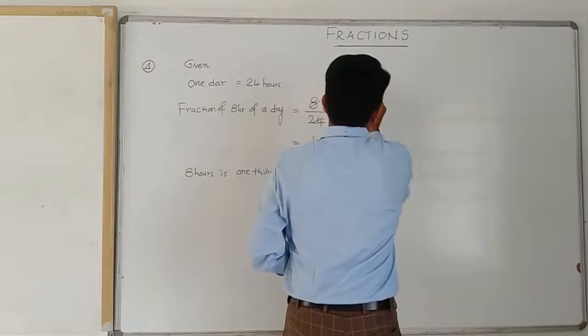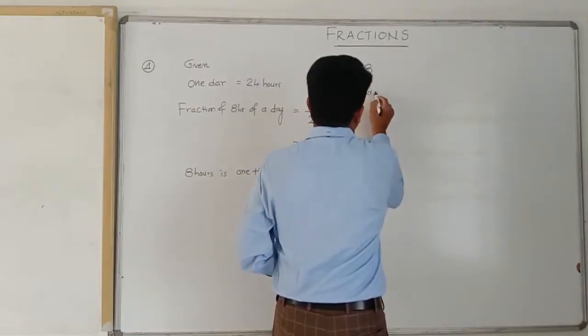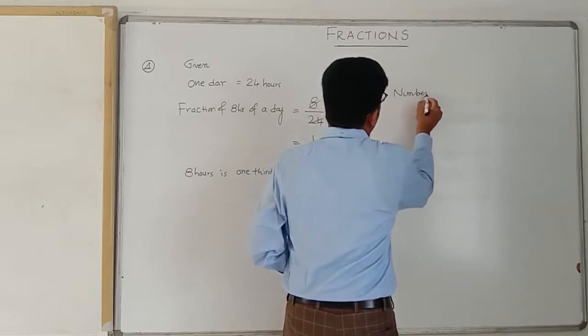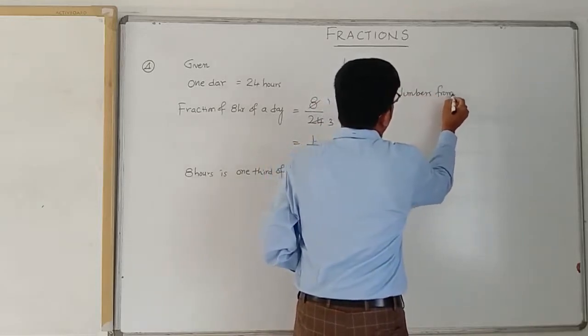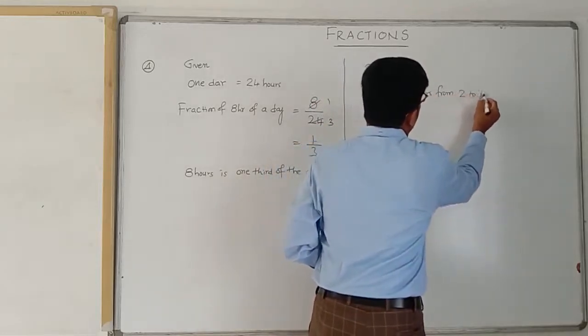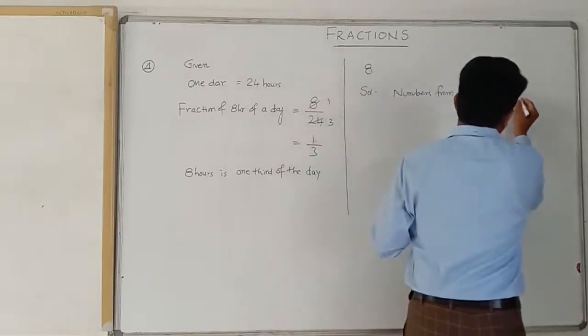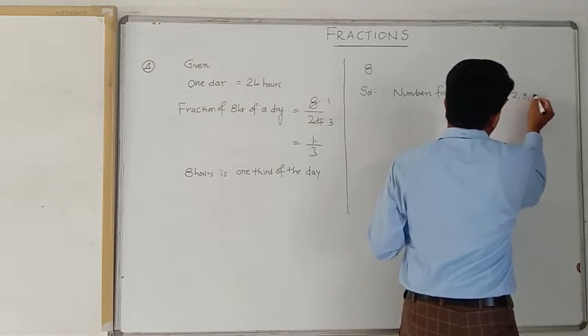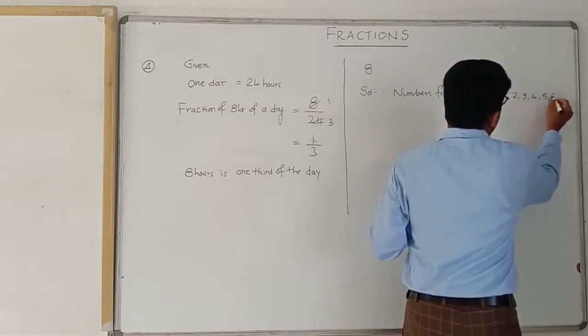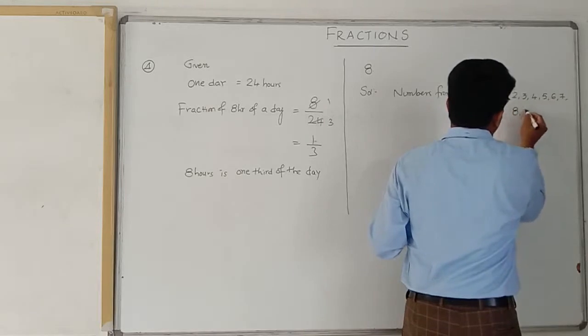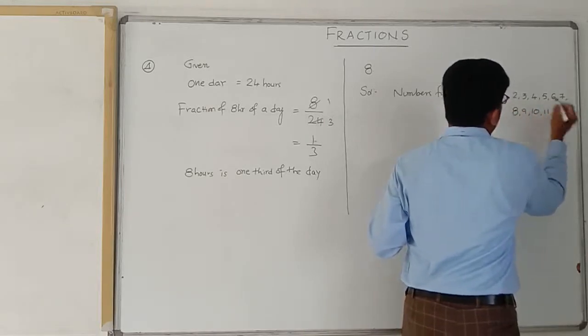Solution. Numbers from 2 to 12: 2, 3, 4, 5, 6, 7, 8, 9, 10, 11, 12.